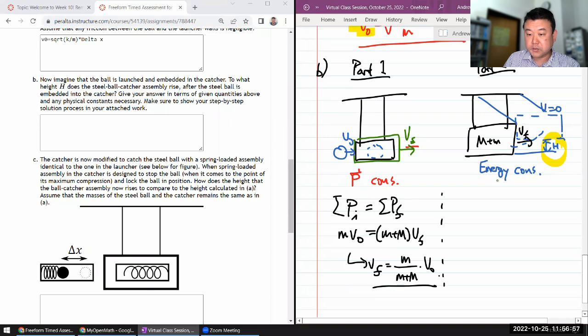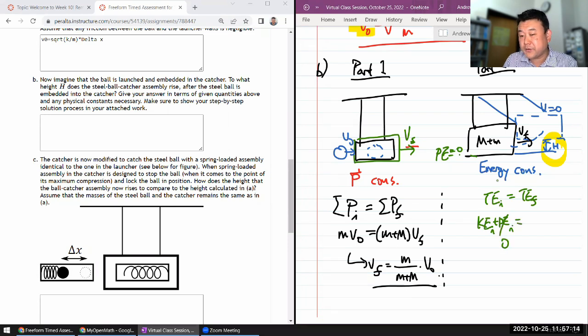Okay, energy conservation. We start out with the total initial energy at the bottom equal to the total final energy. We'll make things easy for ourselves and say that at this height, potential energy is zero. So I just have the initial kinetic energy. The initial potential energy would be zero. At the top, where the speed is zero, the final kinetic energy will be zero, and we'll have the final potential energy that we can write in terms of h.